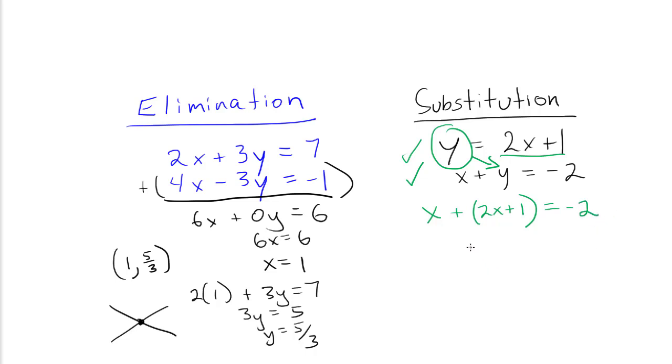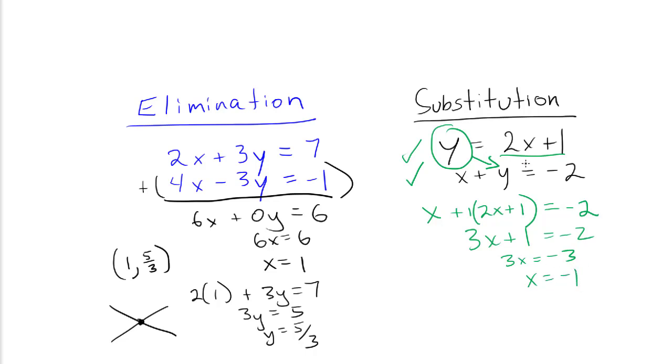That way you'll always multiply it out correctly and not make a mistake, in theory at least. So now that simply distributes to 2x plus 1 because the coefficient is 1 in front of the parentheses. So x plus 2x is 3x plus 1 equals negative 2. 3x equals negative 3. x equals negative 1.